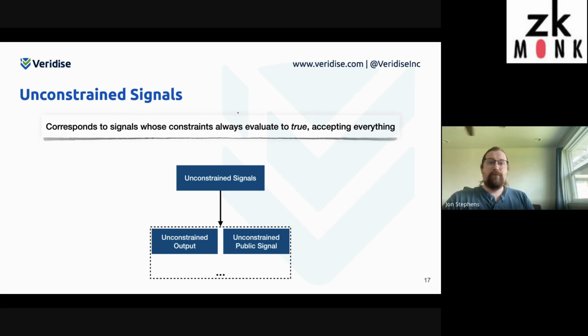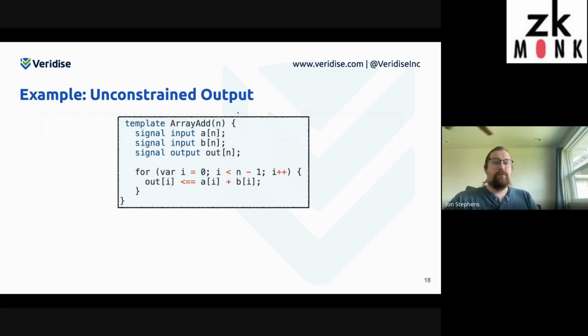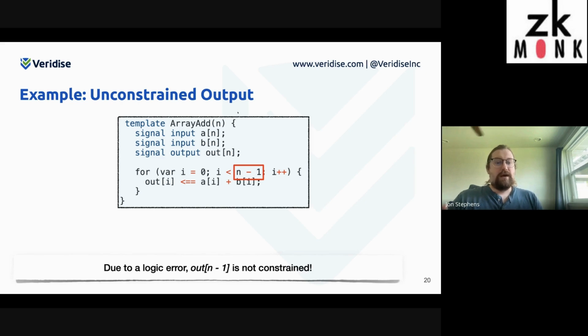So there's a couple of ways that these can occur, and we're just going to take a look at one fairly simple one. One example that you can see is here you have a template. That template is going to add 2 arrays of values and presumably accumulate them in this output array. However, the person, rather than iterating up to n, only iterated up to n-1, which means that the last index of out is not constrained, and therefore the last index of out can take on any particular value.